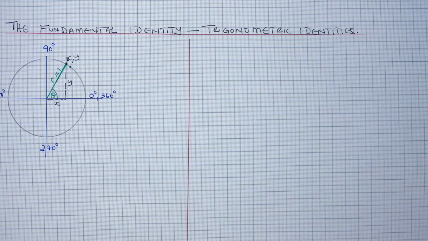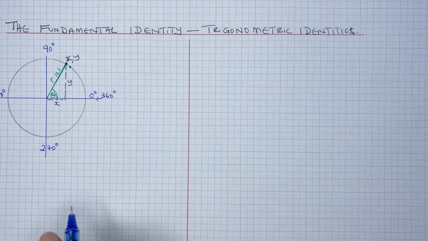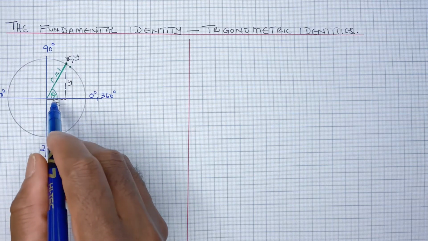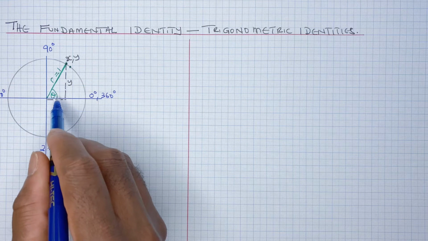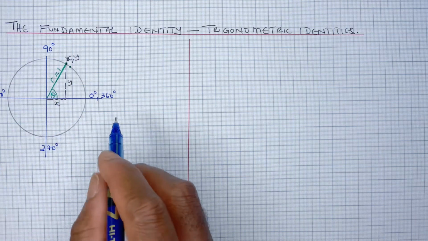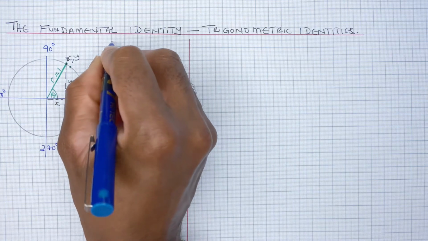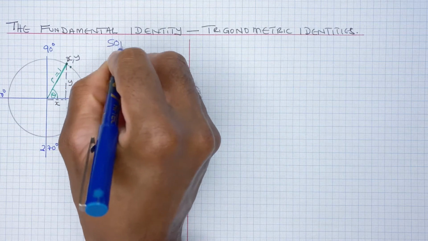And so what we're going to do now is to derive the two fundamental identities. In order to do that, first of all, let's look at the definition of the sine of an angle here. I'm using the word SOHCAHTOA.